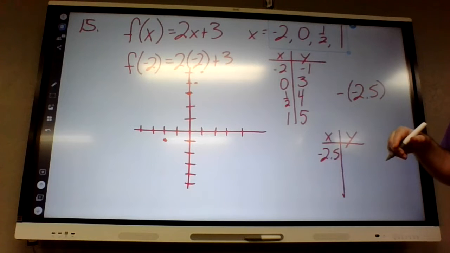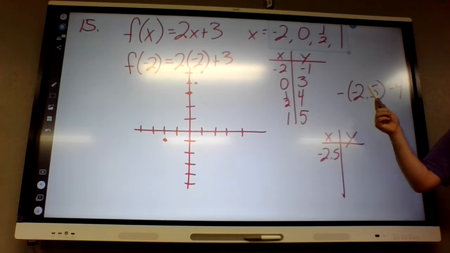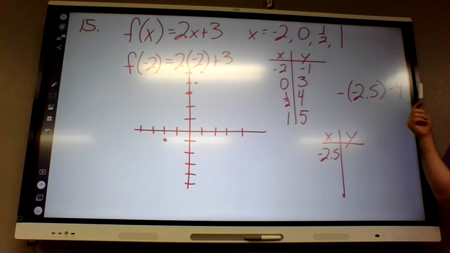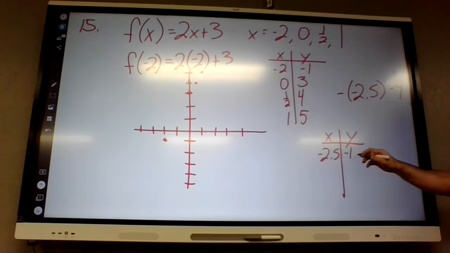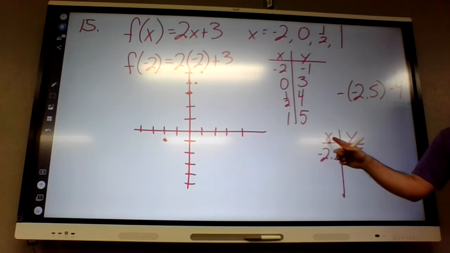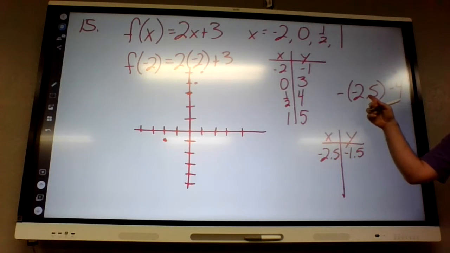And then it says minus 4. So what's positive 2.5 minus 4? It's kind of like $2.50 minus $4. It'd be -1.5. Cool. Okay, why didn't I put positive 2.5 right here? Because the negative is outside of the x in the problem. I didn't plug in positive 2.5, I plugged in negative 2.5. That's what we put in. Doesn't matter that it became positive later, that's not what we plugged in.